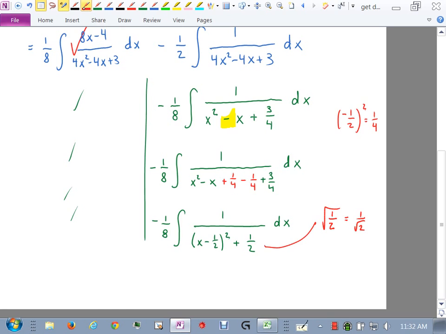All right, so I'm going to use the formula. This equals negative 1/8. That was out there. Now my formula for arctan: 1 over a, which for us would be root 2, arctangent of u, which for us is x minus 1/2, over a, which is 1 over root 2.